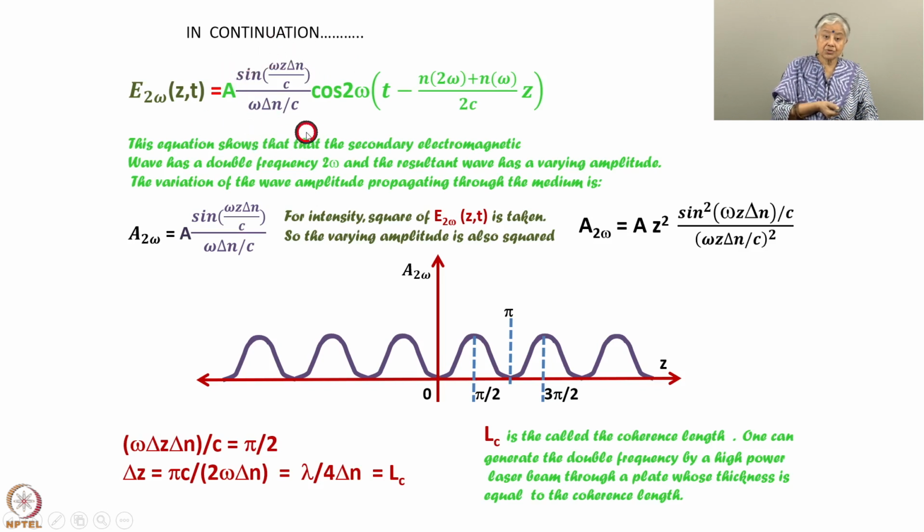Now see the funny part about this amplitude. This amplitude, originally, if only A were present, would have been constant, but then it has a sine term. That means it is an undulating amplitude. The equation shows that the secondary electromagnetic wave has a double frequency 2 omega and it has a varying amplitude, the variation of the wave amplitude propagating through the medium.